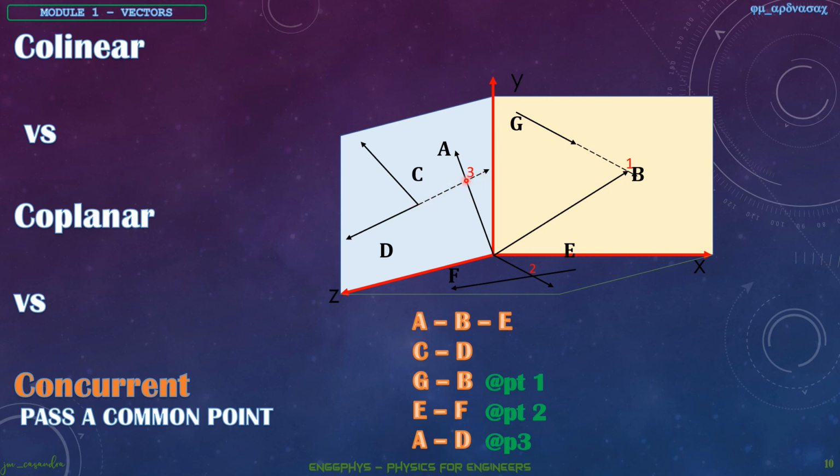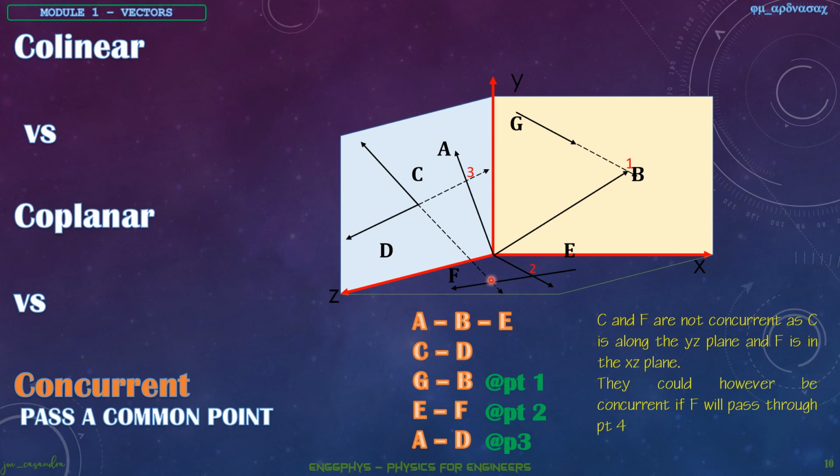So we can see that they are concurrent at point 3. Okay. So if I'm going to do the same thing at C, and it will now intersect vector F. So are they now concurrent?